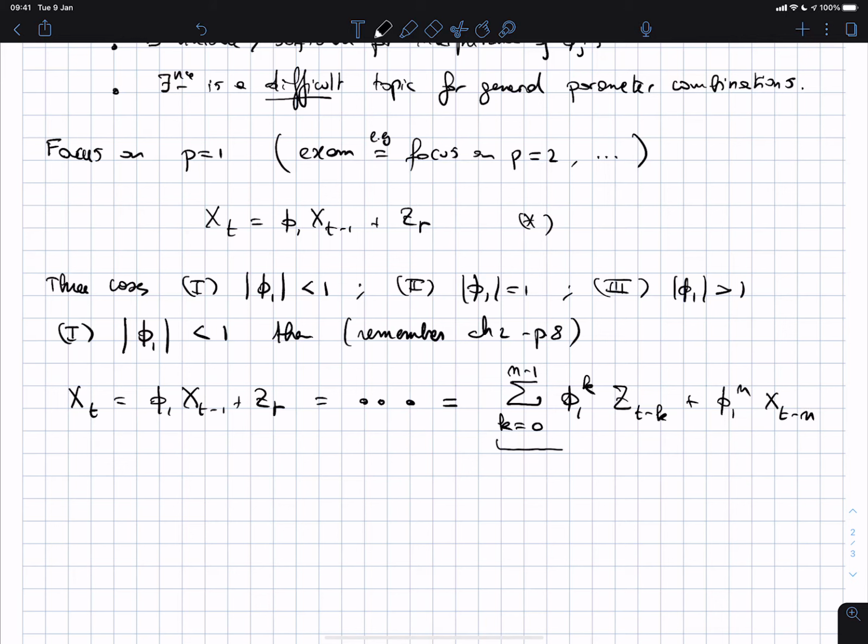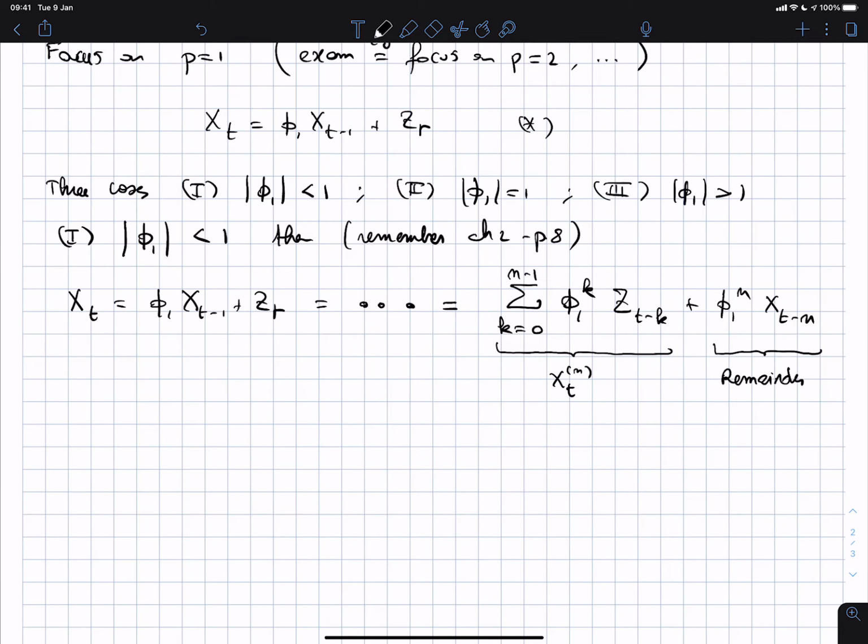We call this guy xtn. This guy here is some form of remainder. And because phi 1 is less than 1, the remainder goes to 0 necessarily in any possible way that you can imagine. It goes to 0 as n becomes large.